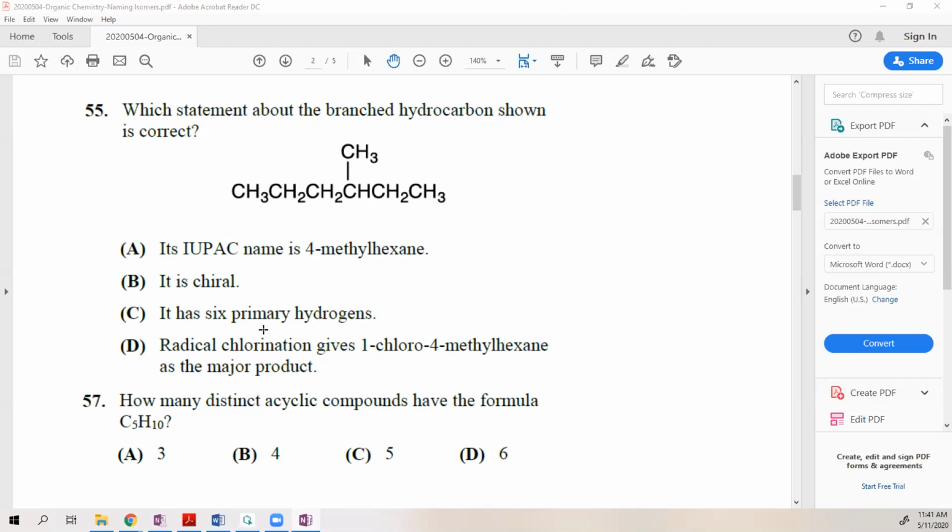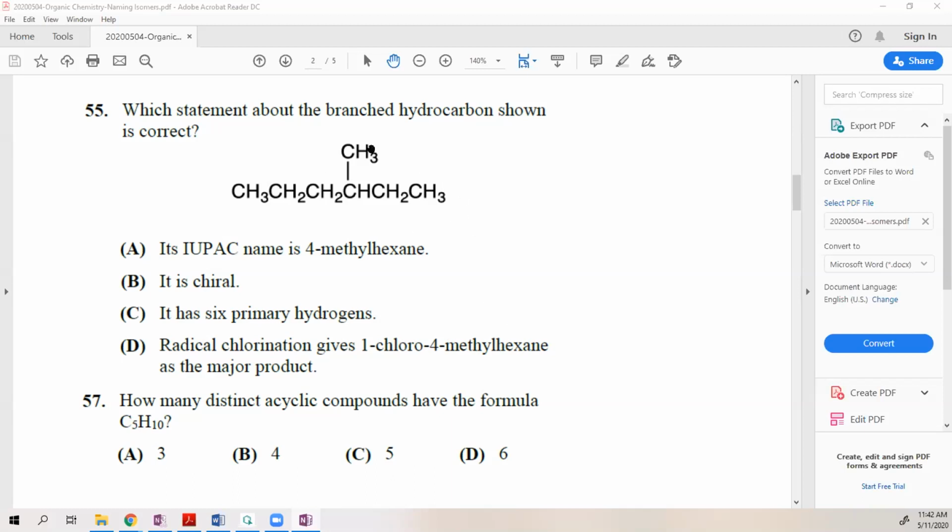And so the other one that you guys said was D. And so this is if we were to add radical chlorination, so we're basically adding in Cls, that we would get 1-chloro-4-methylhexane. What this is kind of looking for is if we would have a double bond and we would be trying to do some addition of our chlorines there.